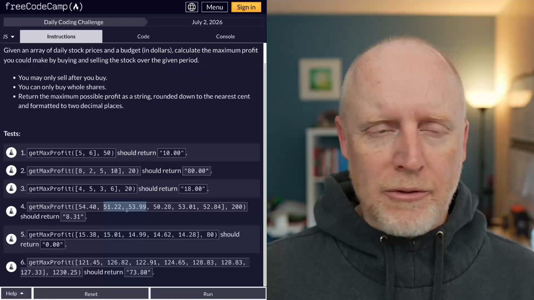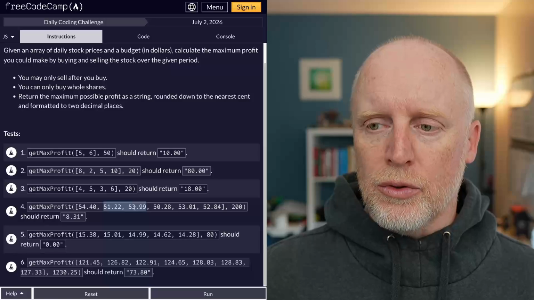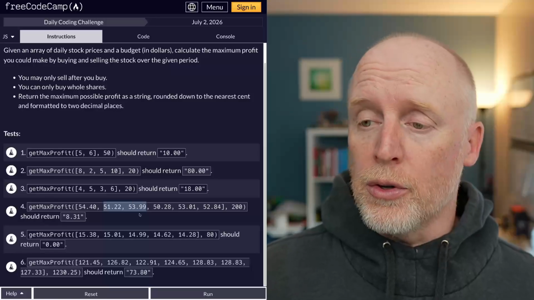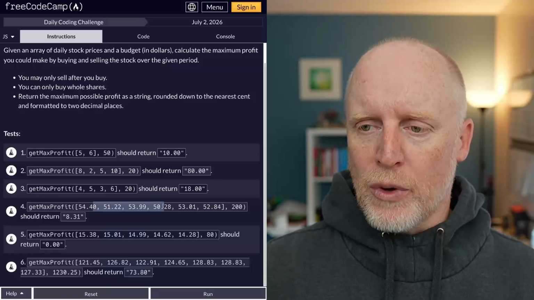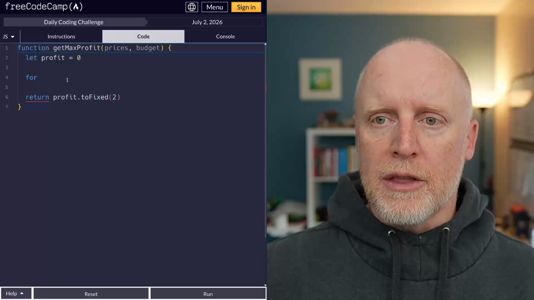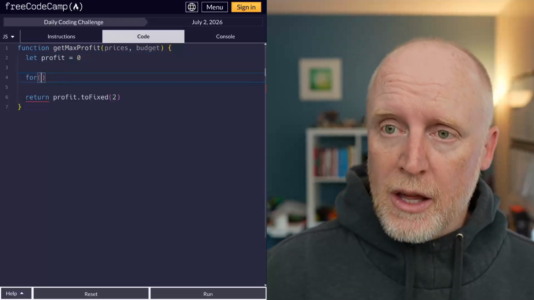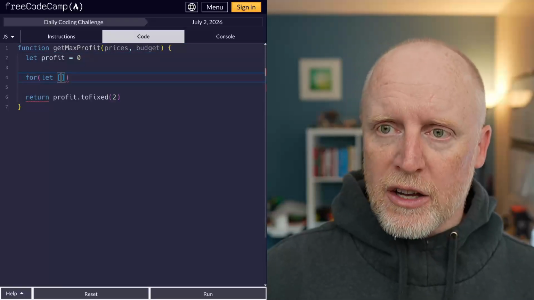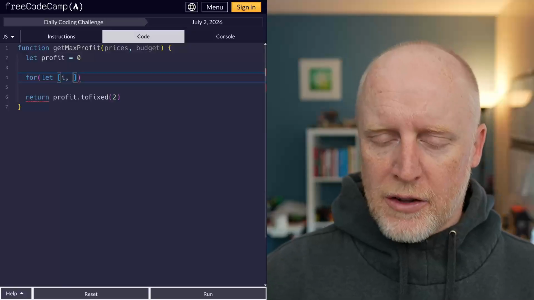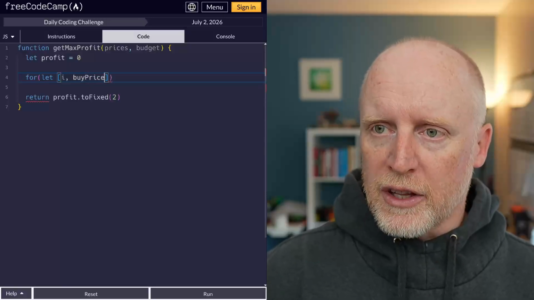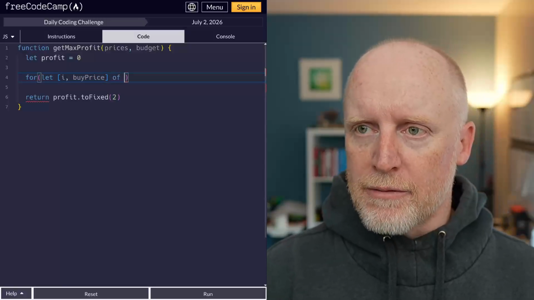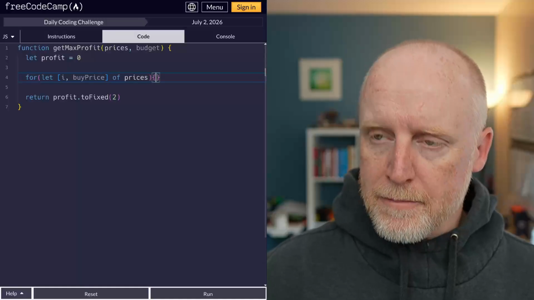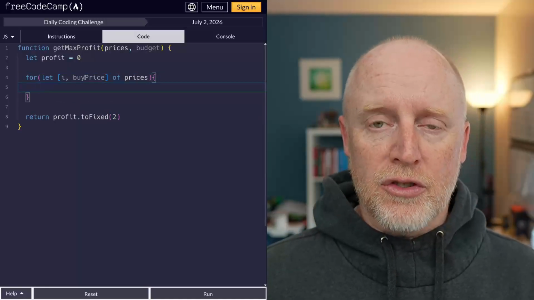But after that, we can use math.max. So you'll see that in a second here. We need this loop, but only the top one, okay? To do something a little bit different, I'm going to destructure I and price, just like this. We're going to take that from prices. And the reason for this is just for something different.